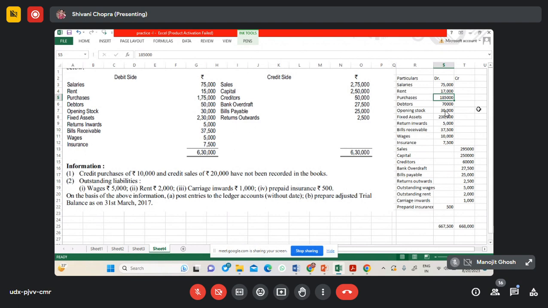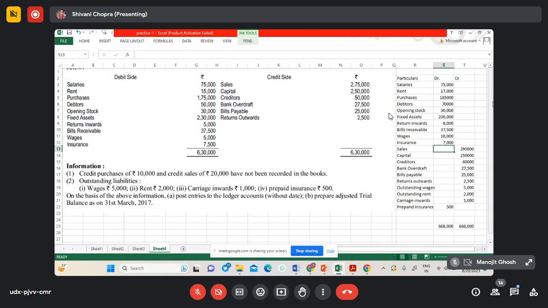Was there a carriage inwards before? I'll add it to the return inwards by 1,000. And then you have prepaid insurance of 500. So you'll decrease the insurance by 500.